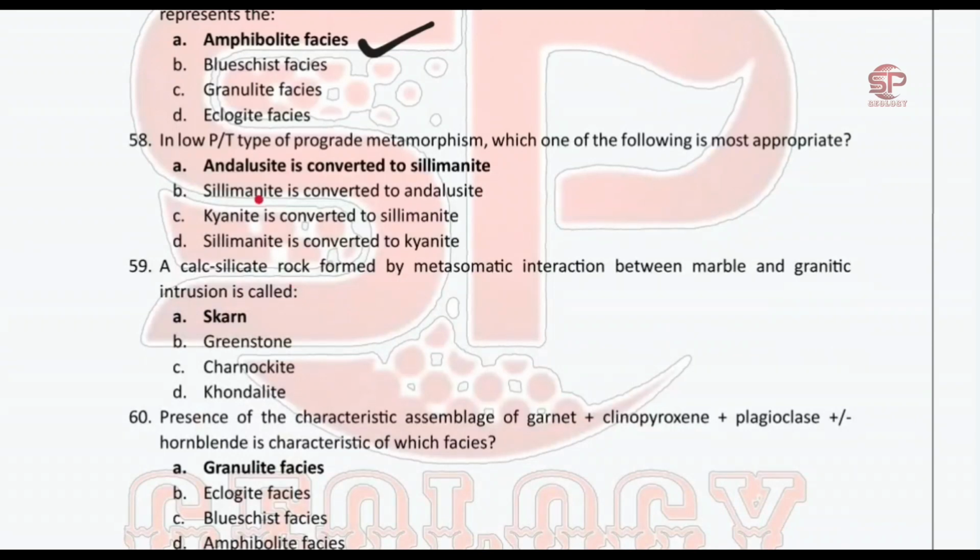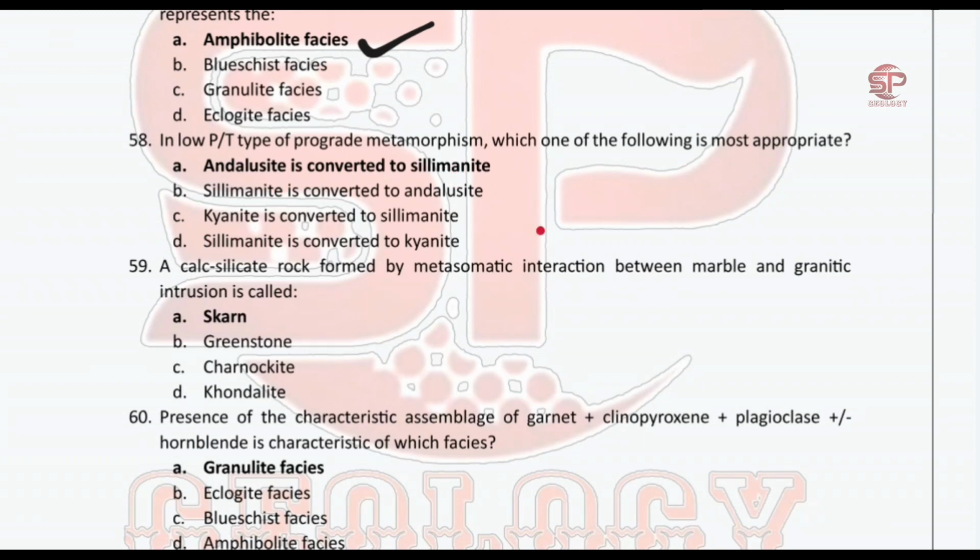Also in a low pressure by temperature type of prograde metamorphism, which one of the following is most appropriate? Prograde metamorphism means always low grade will convert to high grade. So the first option is given: andalusite is converted to sillimanite.